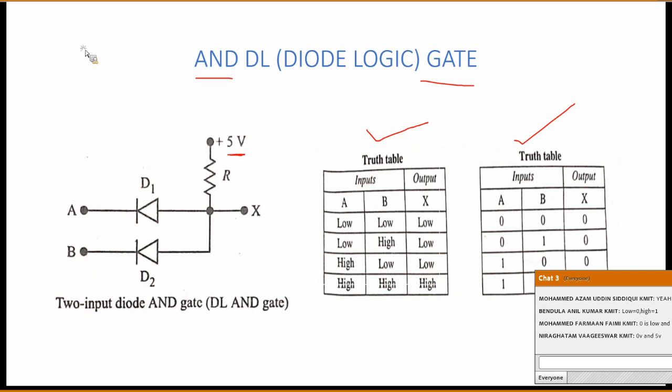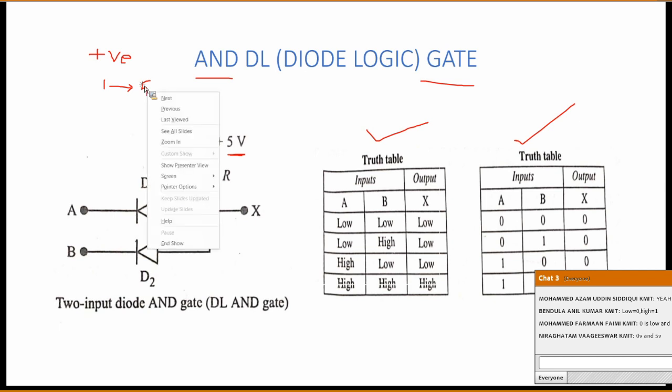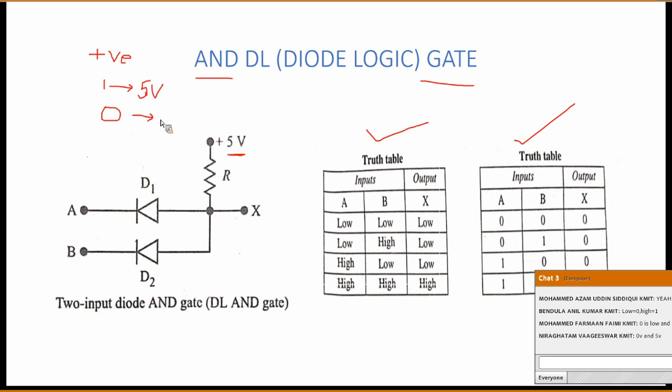So here we are using positive logic. Remember this term, positive logic. Positive logic means for 1 we will take 5 volts, and 0 we will take as 0 volts.